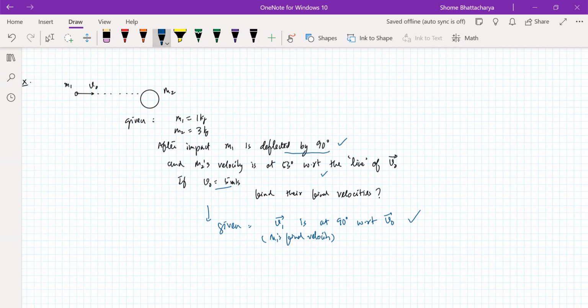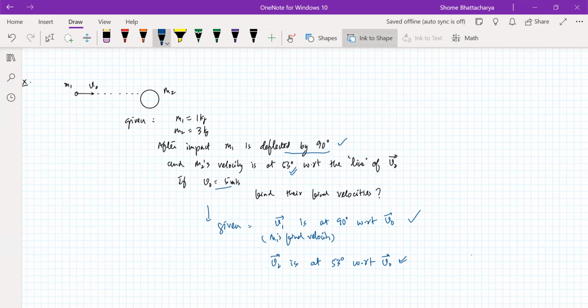Okay, now what is given is that this is at 53 degrees with respect to the line of. So let's see what this information tells us. Okay, so V2 is at 53 degrees with respect to V0. So let's see what this basically means now in terms of geometry.